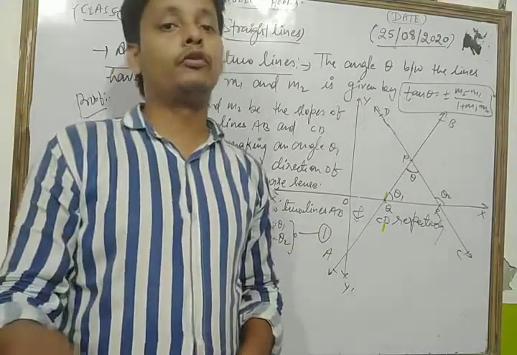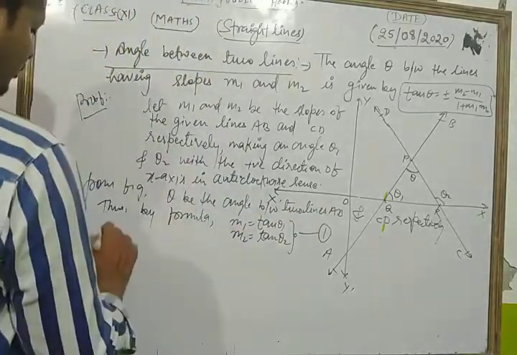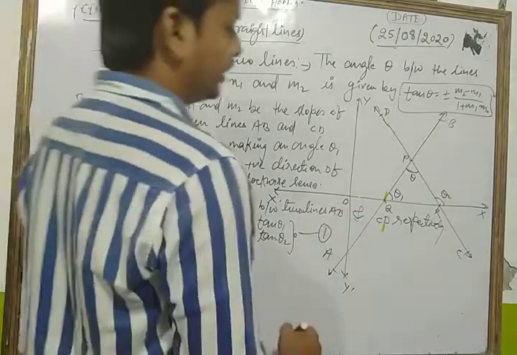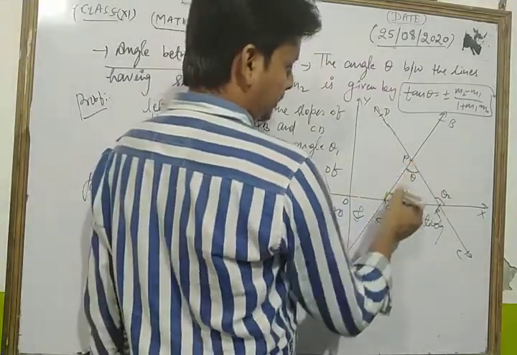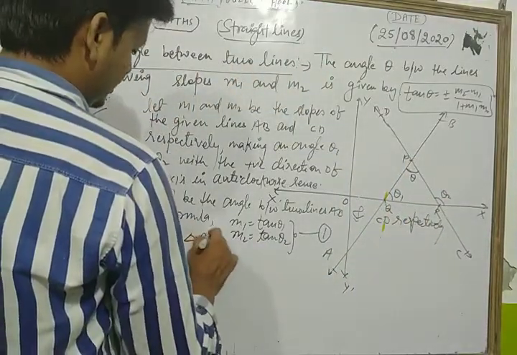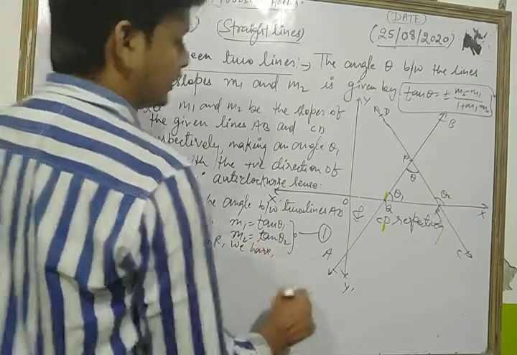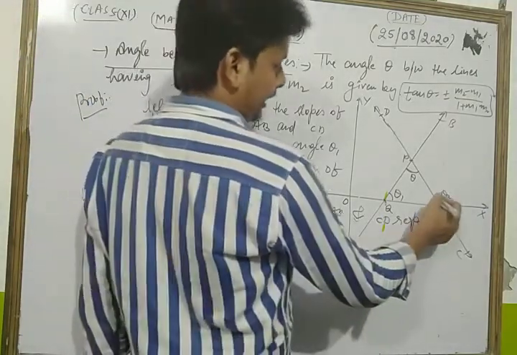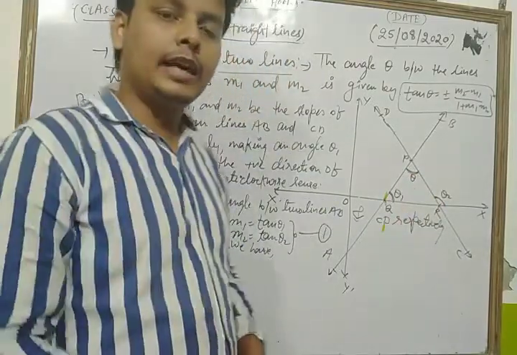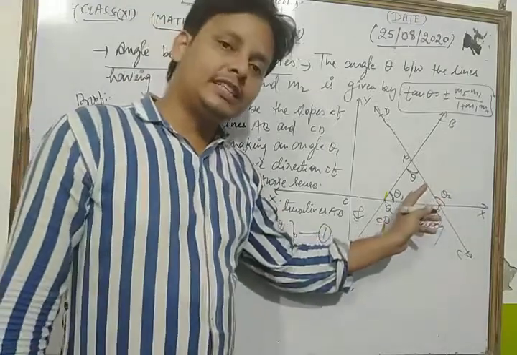Now, dear students, from the figure, in triangle PQR, we know that the exterior angle is always equal to the sum of the opposite interior angles.